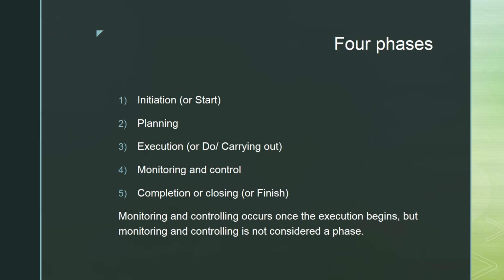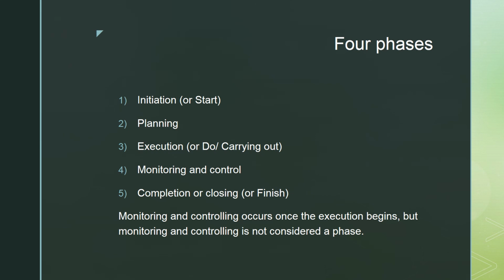Now, note we have 4 phases there, and you may have noticed we have 5 on the list. The fourth, monitoring and control, is not a phase, okay? But it is important as well. When a plan is being executed, there's need to monitor and control.